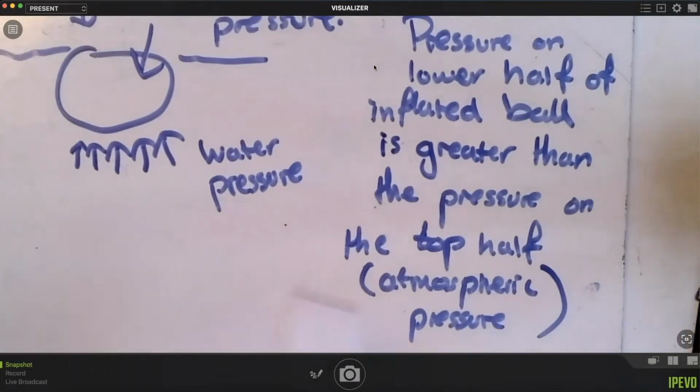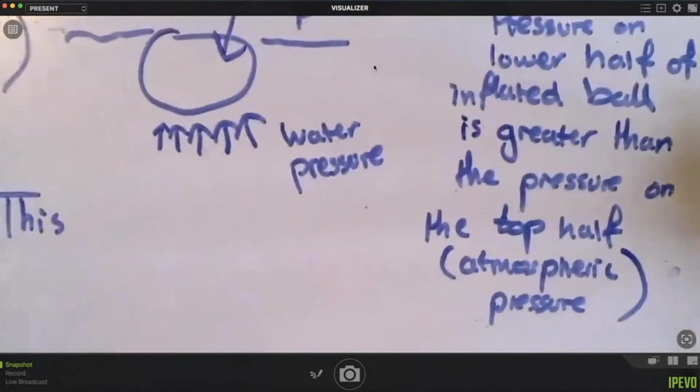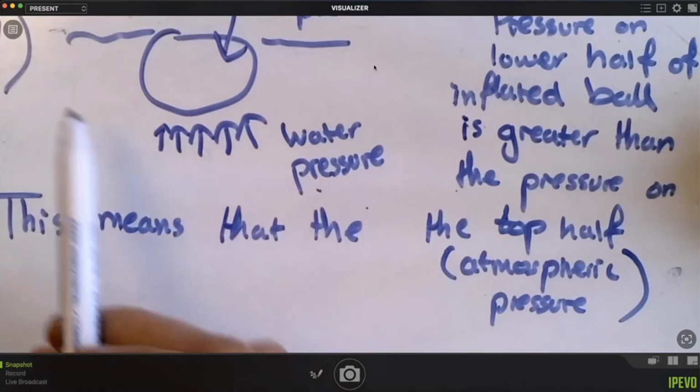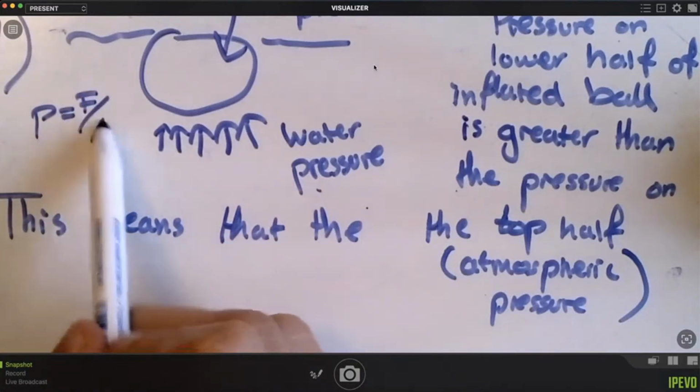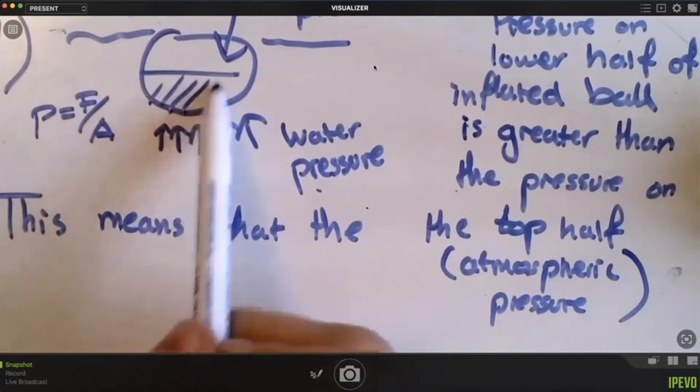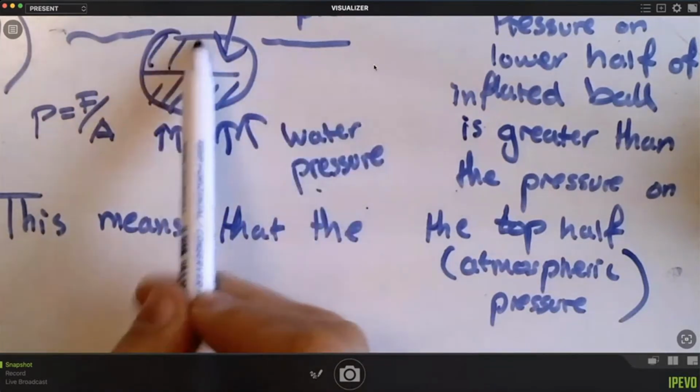And as a result, this means, and bear in mind, what did we say? Pressure was force over area, right? So effectively the cross-sectional area here is equal to the cross-sectional area here.